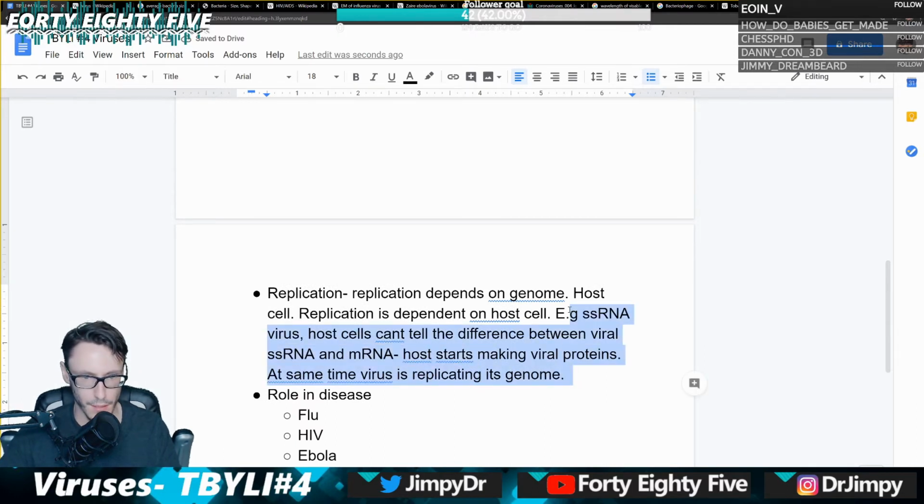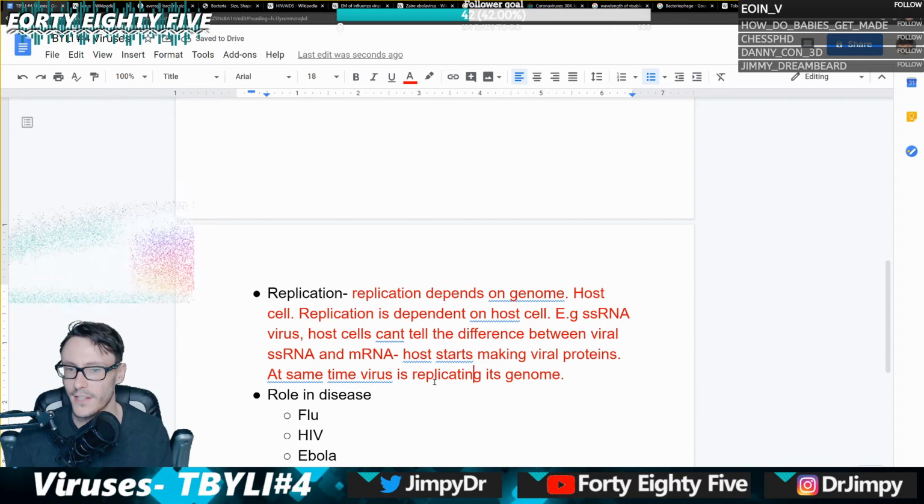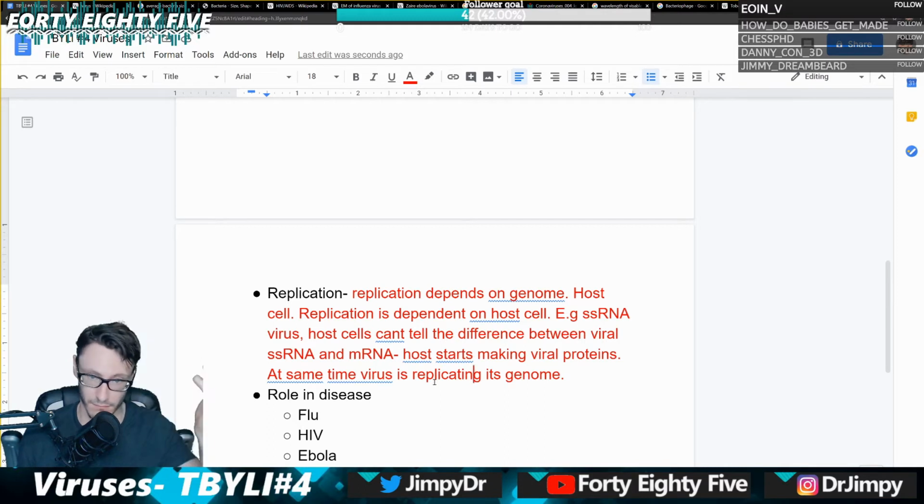The virus is replicating its genome, but its genome itself is what's being translated into protein. So you're just going to get more and more viral proteins being produced. It's going to completely compound, and it's going to overwhelm the cell and the cell's machinery. It's just going to get more and more until effectively that cell will only be making viral proteins, in which case it's probably going to die, which manifests itself in disease later on.